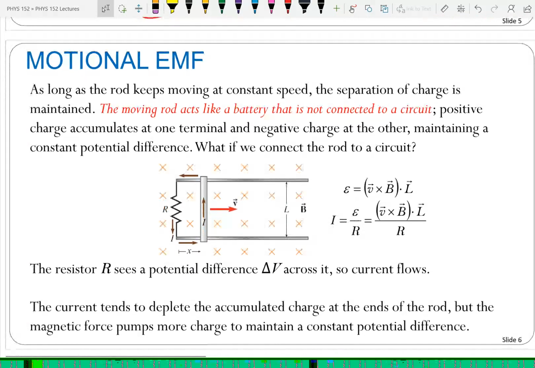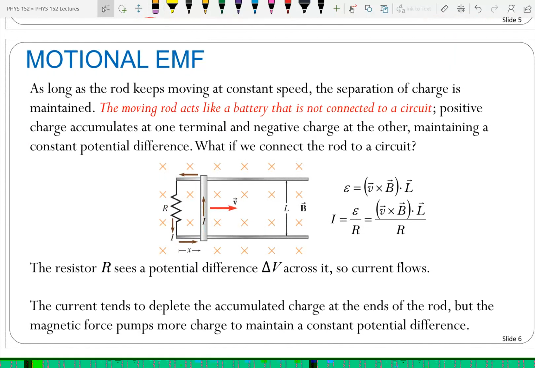This gives us a very simple kind of generator process. Here we have a rod. You pull that rod, and because you're pulling that rod, it's creating that motional EMF, which is VBL, if everything's perpendicular. And so you have that voltage, a resistance, and using Ohm's Law, the current is going to be the voltage divided by resistance.